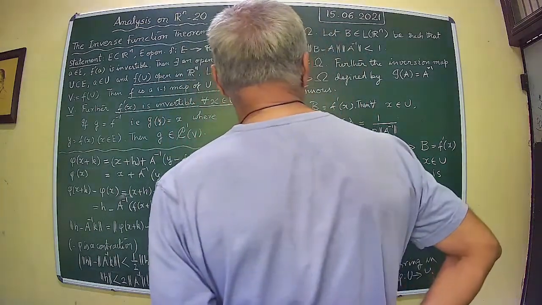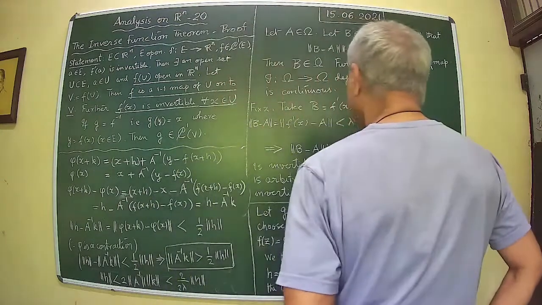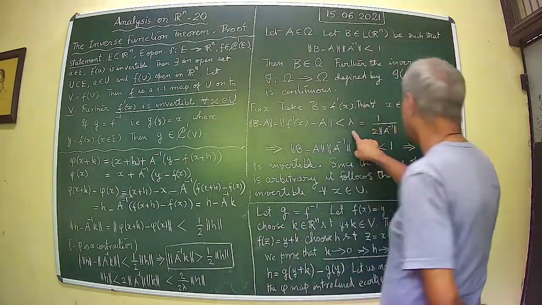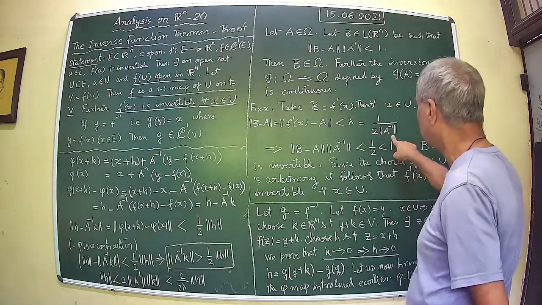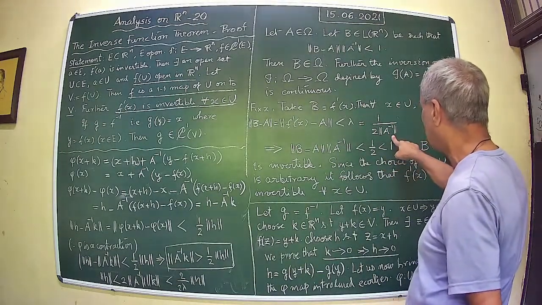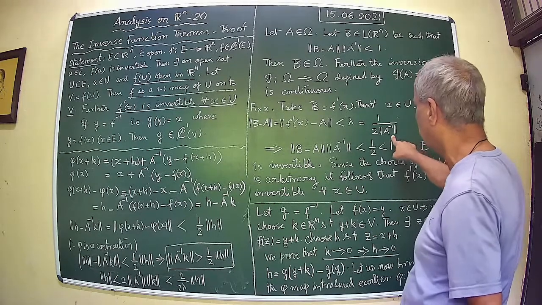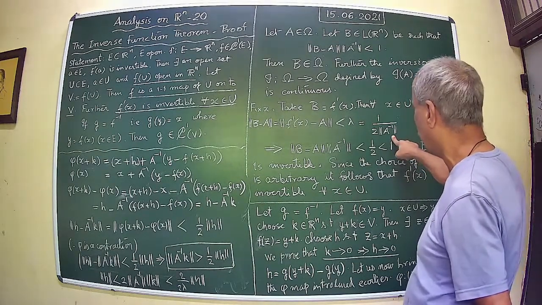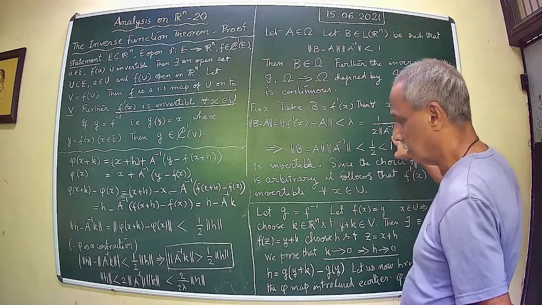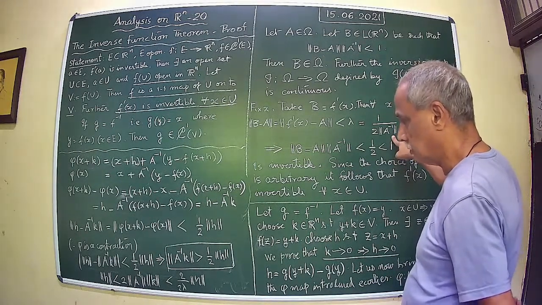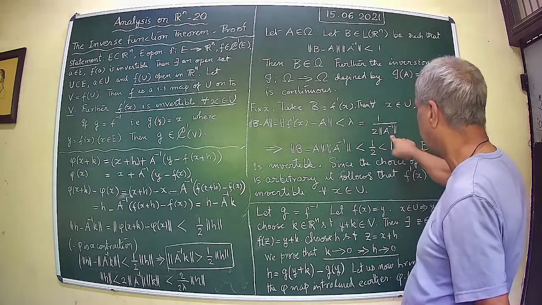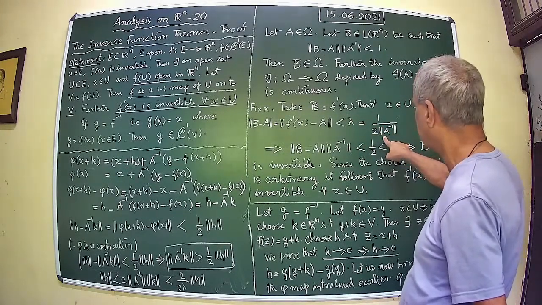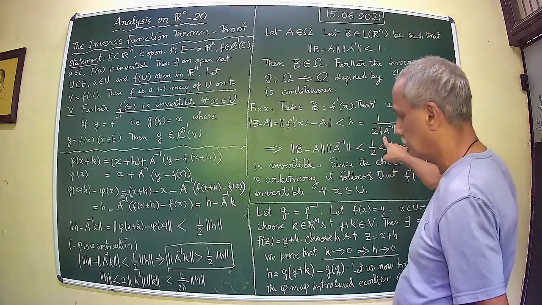Because I believe this is what we had. We had lambda equal to 1 by 2 norm A inverse. So you have to estimate that norm of A inverse is equal to 1 by 2 lambda.